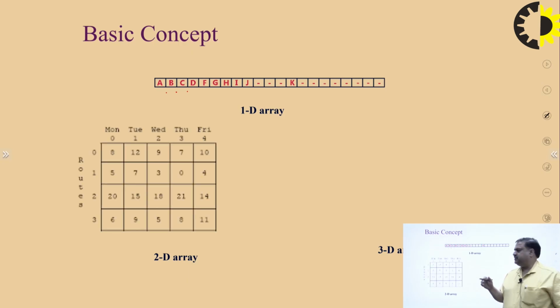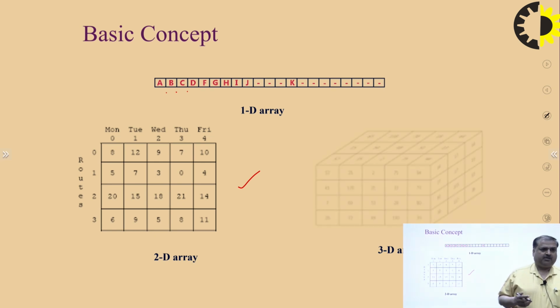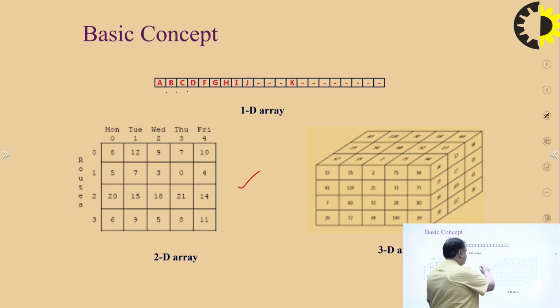We can have data in the form of a table, in rows and columns. This type of data has x and y axes, so there are two dimensions. We will call it a 2D array. Sometimes we may require a 3D array.